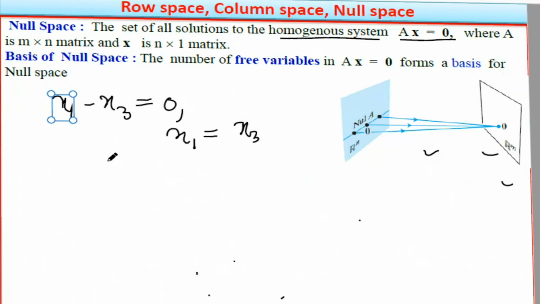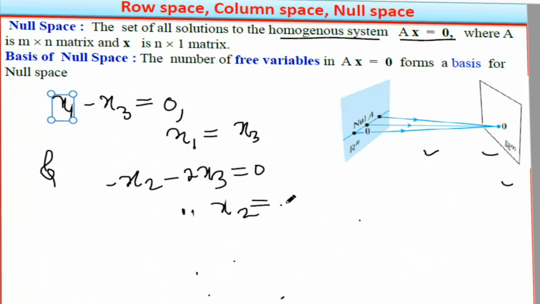In the second row, minus x2 minus 2x3 equals 0, so x2 equals minus 2 times x3. So x3 is the free, independent variable, and x1 and x2 are dependent. The number of independent free variables is 1, so the basis is only one vector.